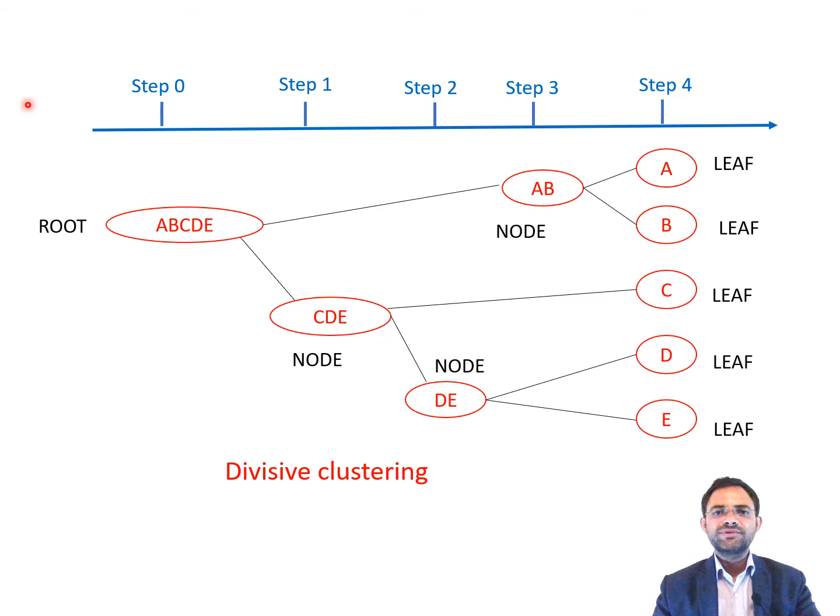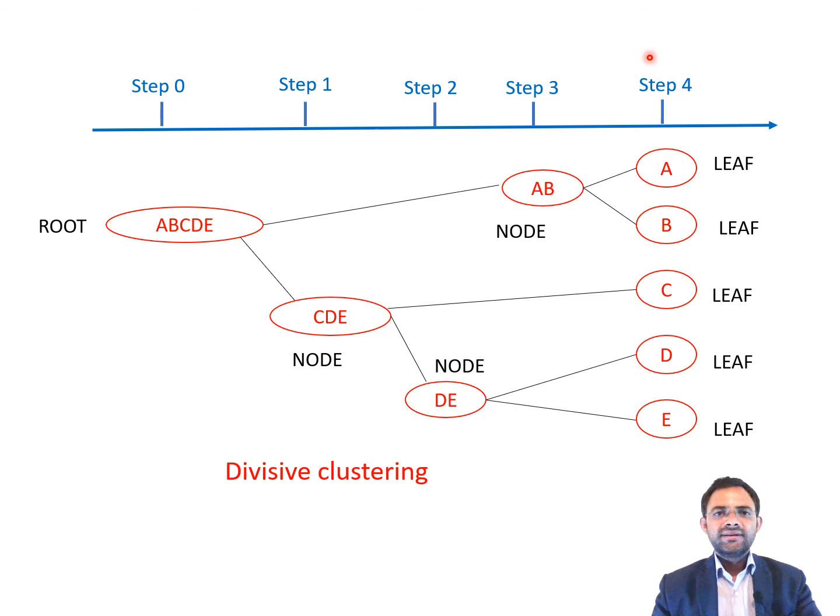The different steps are involved in the preparation of a divisive clustering diagram. In the first step, all points, all characters in a data set belong to a single cluster. In the next step, we make a partition of the cluster into two.